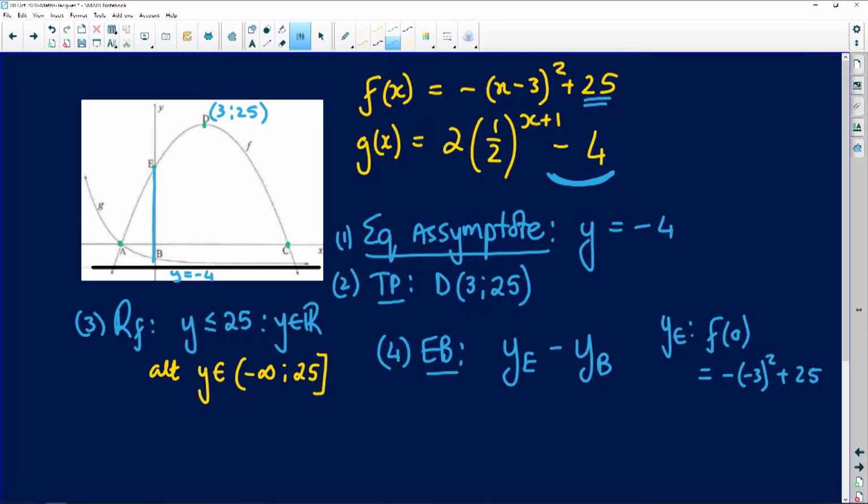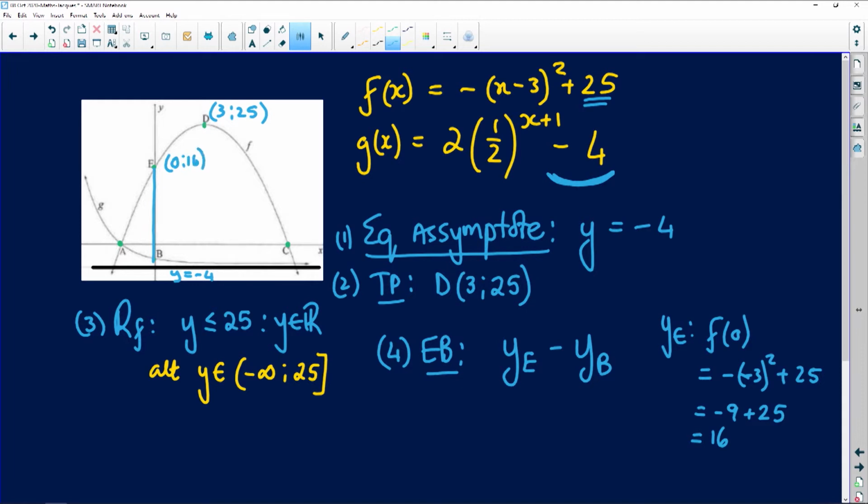The square has dominion over the first negative inside. So we're first going to square that negative, make it positive, and then multiply with a negative. So this is minus 9 plus 25, and that gives us a beautiful 16. So E is the point 0 and 16.